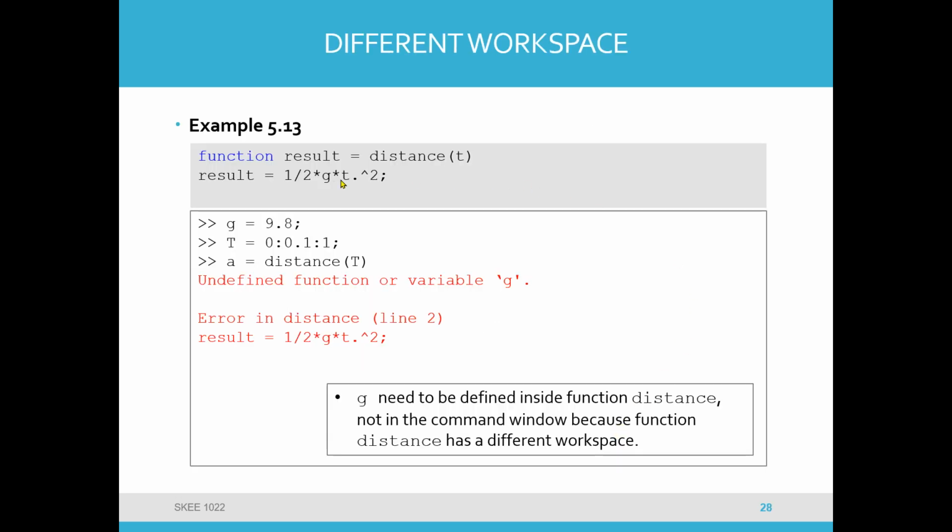You can try to test this. You can see here function result distance, result equals to this one. So you write here g is equal to this one, t is equal to this one. You can see here g is inside the base workspace because you write it in the command window.